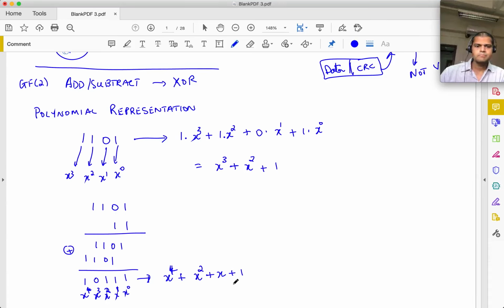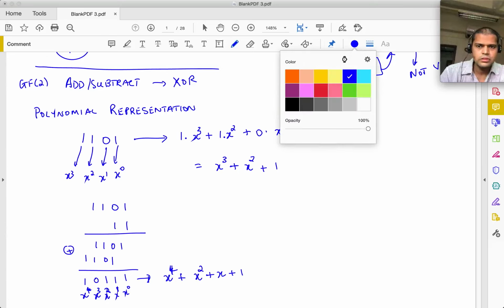The x cube term is not there because we have a 0 in that position. So let's see if we can do the same thing, the multiplication, but using these polynomials. So suppose what is this? It's just x plus 1.